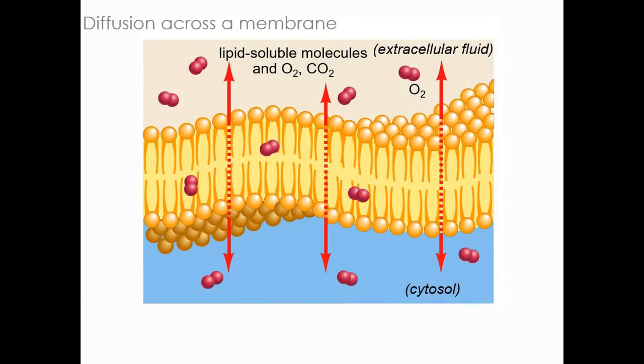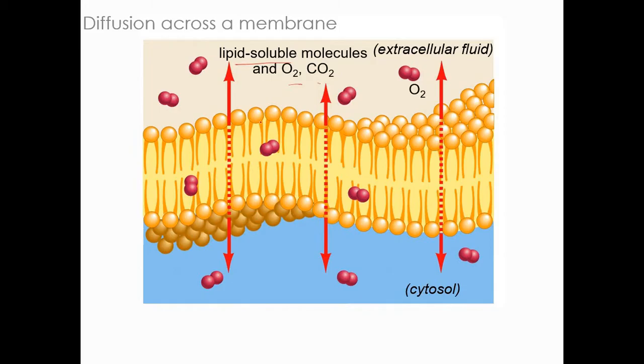Next, diffusion across a membrane. So, let's relate that to the transport of substances across the cell membrane using diffusion. So, you have lipid-soluble molecules here. You have O2 and CO2. Lipid-soluble molecules, O2, CO2. So, all of these are nonpolar.